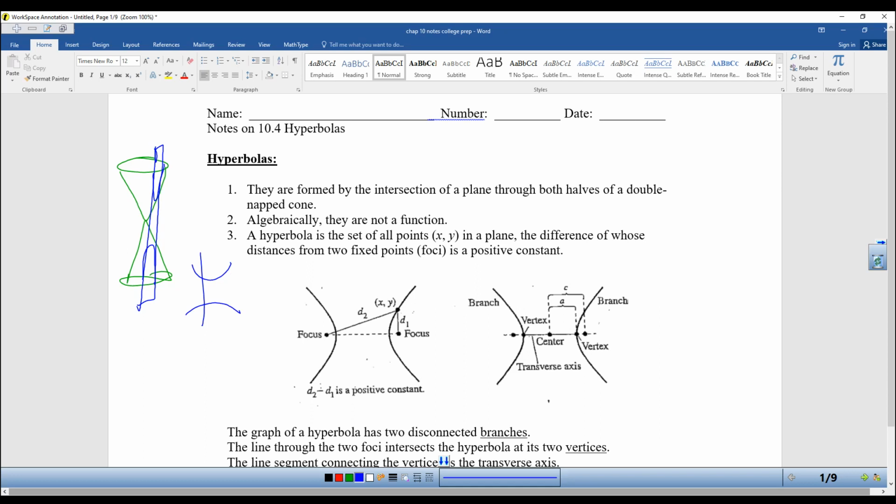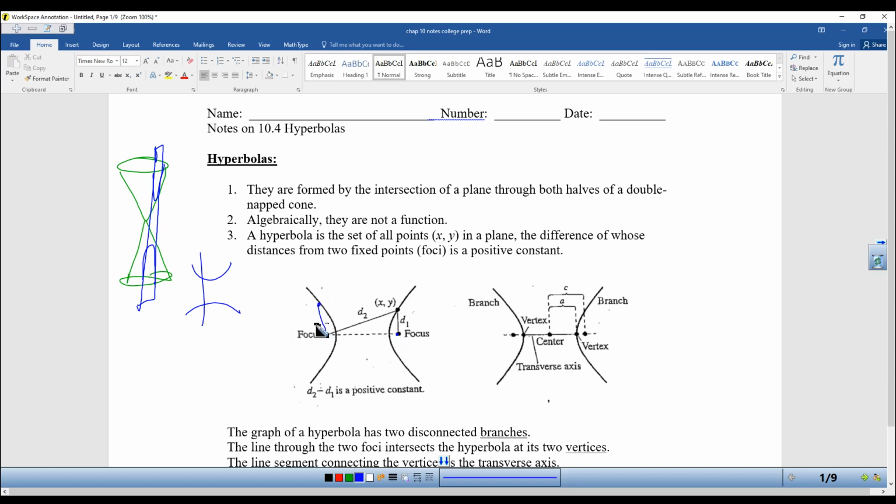We're going to think about a hyperbola as the set of all points in a plane whose difference of distances from two fixed points is a positive constant. That means that these two focus points here give the same difference for any point on the hyperbola.